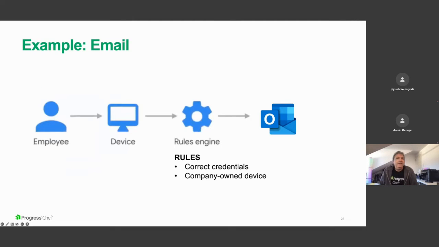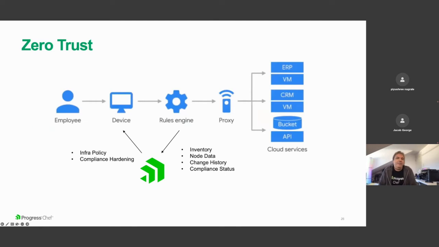And so, as an example, if an employee wants to get access to email, then they go through the rules engine to say, is the user the correct user, and are they on a company-owned device? But that's a very basic rules engine. What you need to do to increase this to a zero trust rules engine is to grab data from elsewhere to see, does our device meet the policies that we want to impose on that device? Is it hardened?